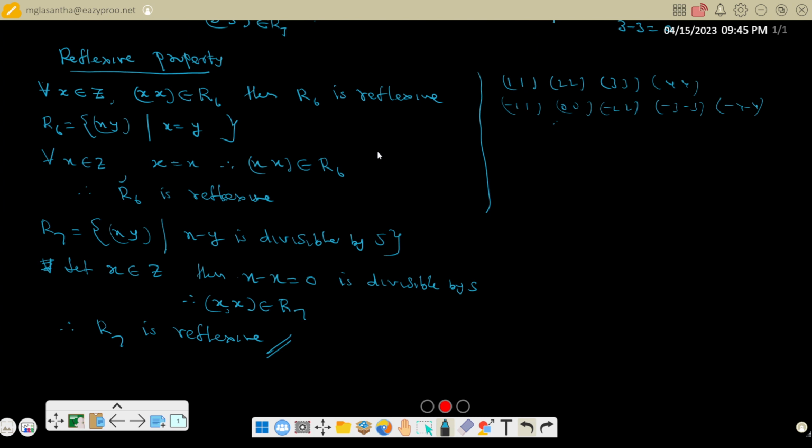Therefore, you have to select a single element, a single member, and check whether that element (x, x) belongs to R6. Then we can say it is reflexive.